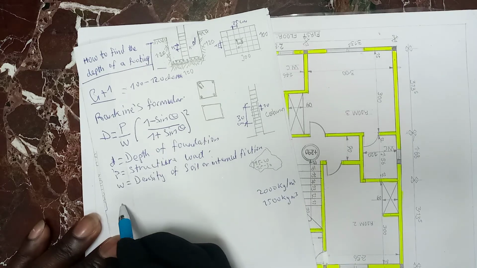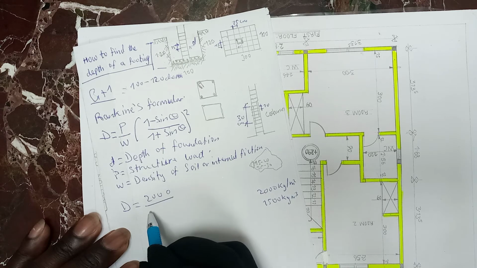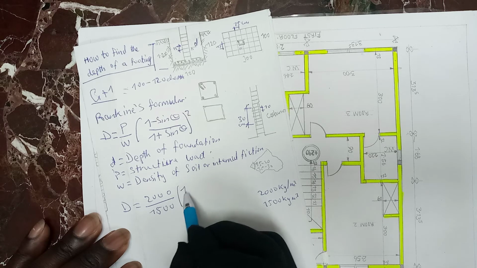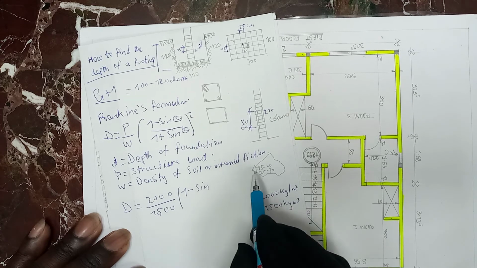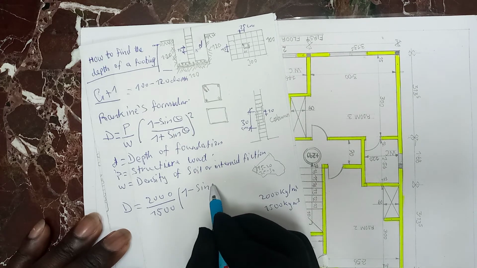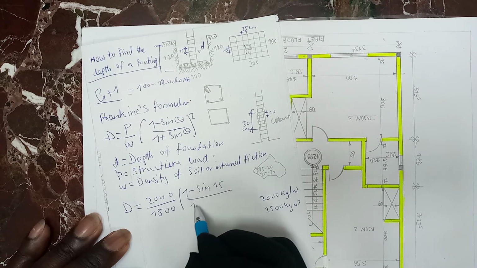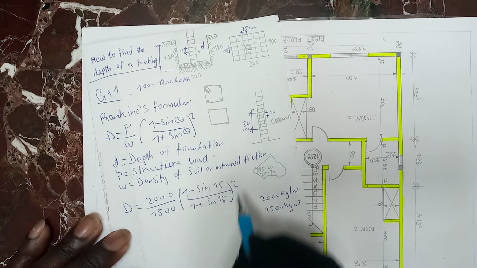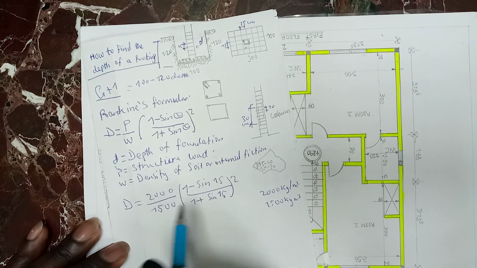To use this formula, D will be equal to 2,000 over 1,500, in bracket 1 minus sine, and maybe they can give you this angle to be 20, or maybe 15, we don't know what they will give, divided by 1 plus sine 15, all squared. So if you work this out with your calculator, you see that the answer will be given.